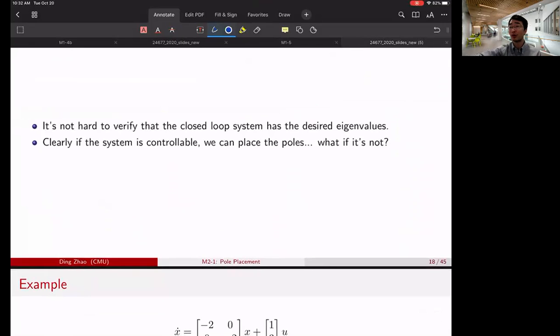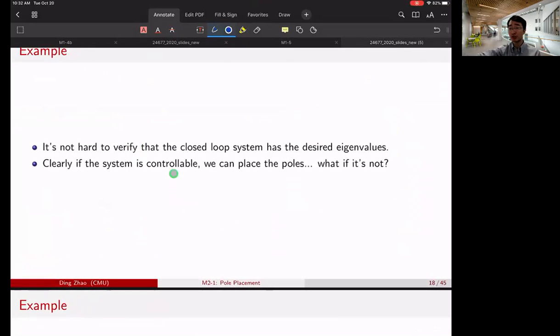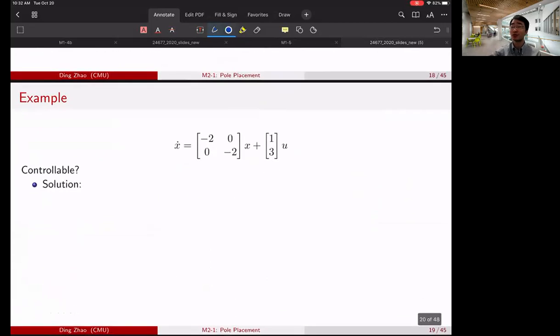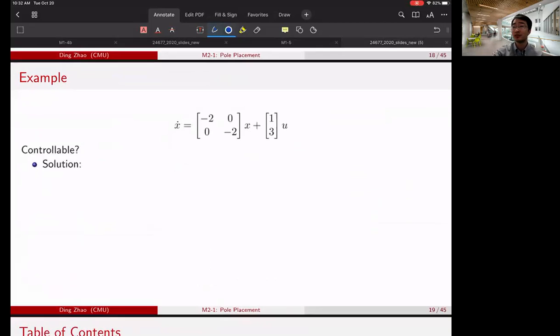Before you do the pole placement, you should check the controllability, because we rely on the controllable canonical form from the realization section to do this. If the system is not controllable, it means however hard you try, you cannot control the system, so you cannot change the poles of the system.